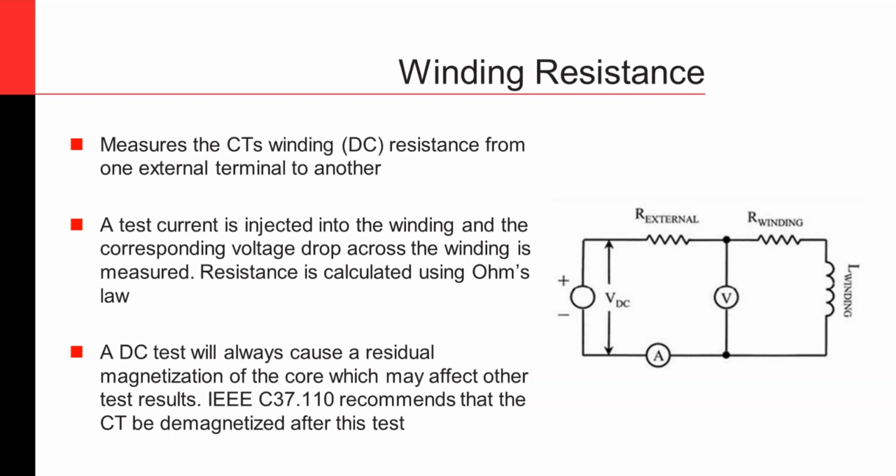One of the problems associated with this winding resistance test is that when you apply a DC across the CT, there is a danger of magnetizing the CT core itself. Magnetizing means you're aligning the magnetic field in a certain direction on the core.